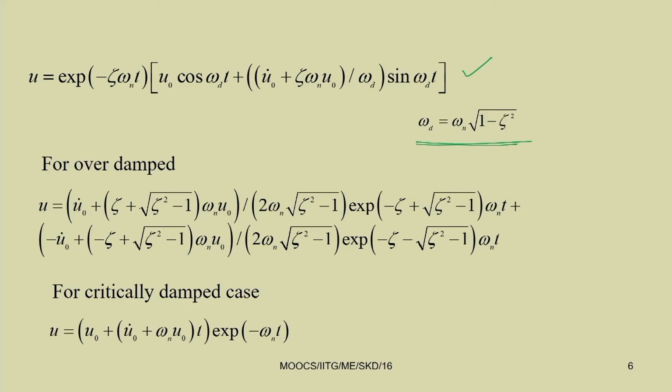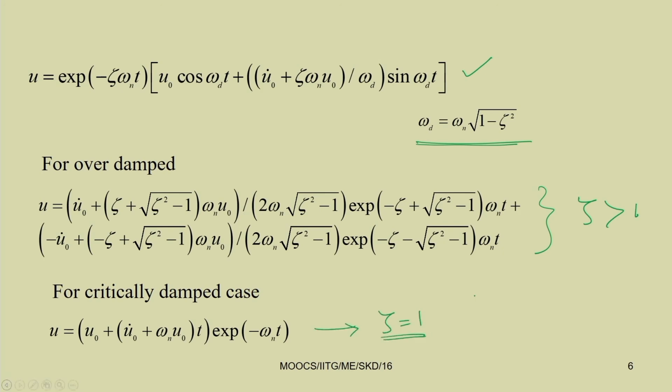Similarly, for the overdamped system also we can find this expression, and for critically damped. For the overdamped case zeta is greater than 1 and for the critically damped case zeta equal to 1.